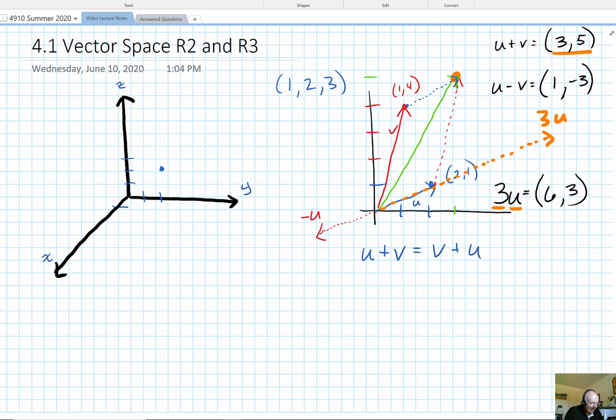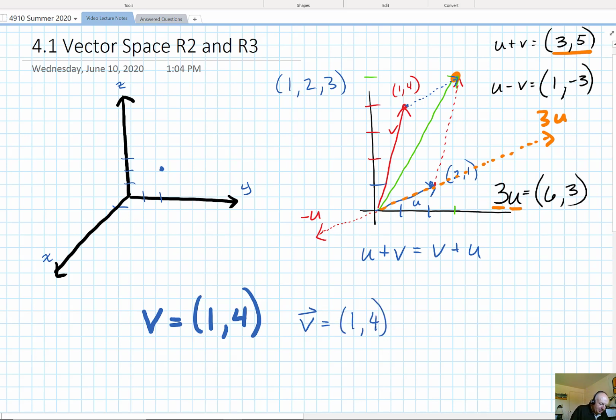Now I should mention this. When we talk about vectors, we typically refer to them using bold. Okay. So the vector v was 1, 4. Okay. Vector v is 1, 4. Sometimes if we can't use bold, like I can't really write in bold, we'll just write with a little arrow above it. 1, 4.